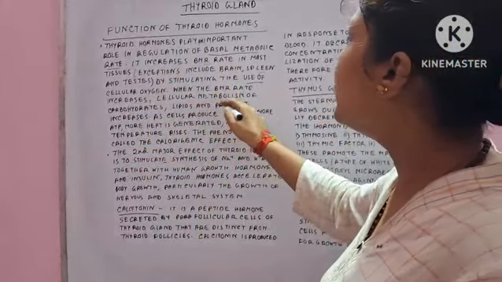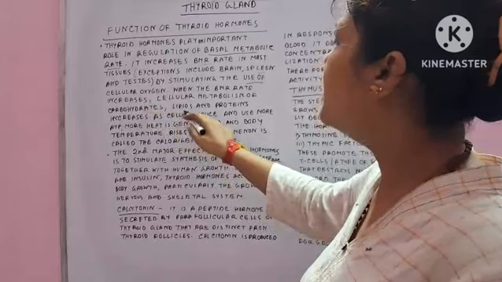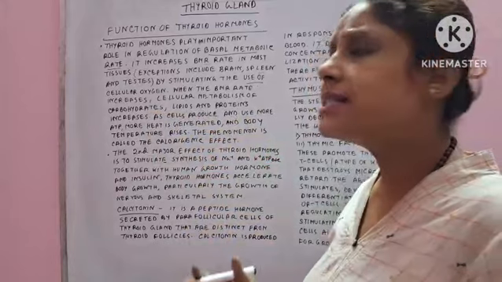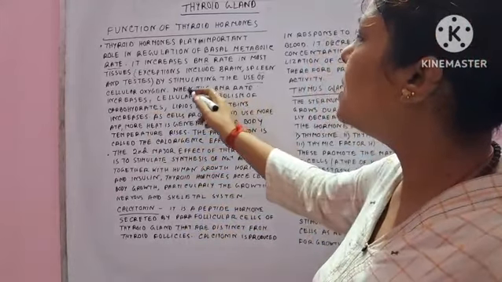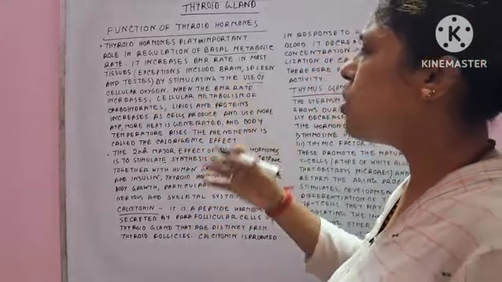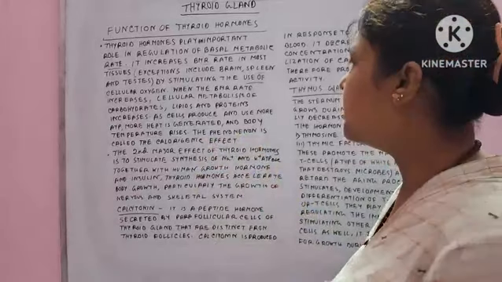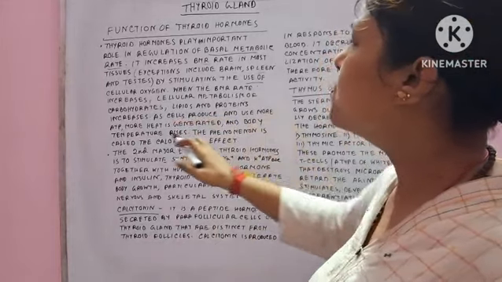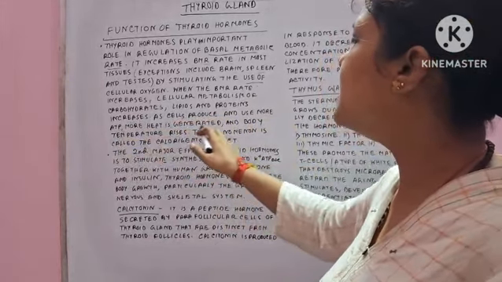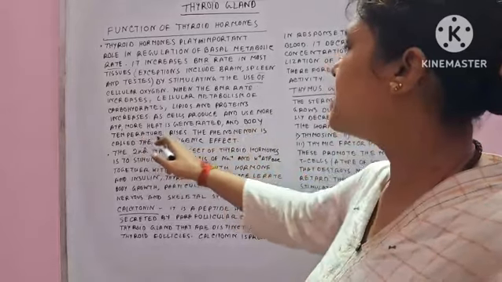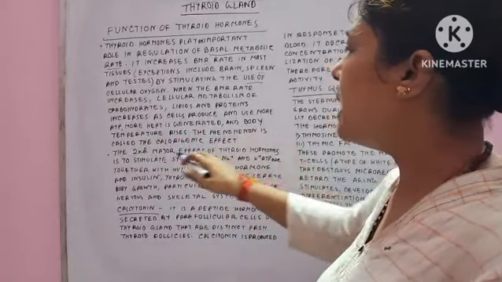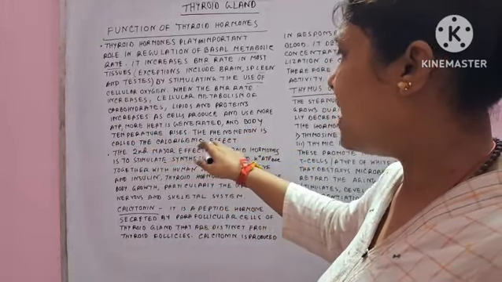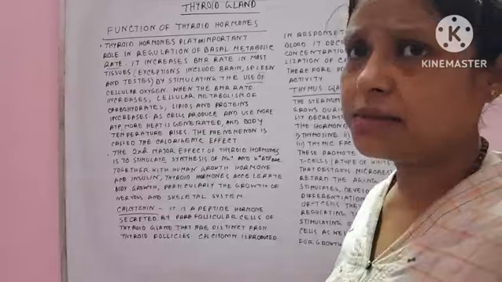Then the cellular metabolism of the carbohydrates, lipids and proteins increases. That means if the BMR rate is increased, all the cellular metabolism also increases. As the cells produce and use more ATP, more heat is generated and body temperature rises. And the phenomenon is called the calorigenic effect.